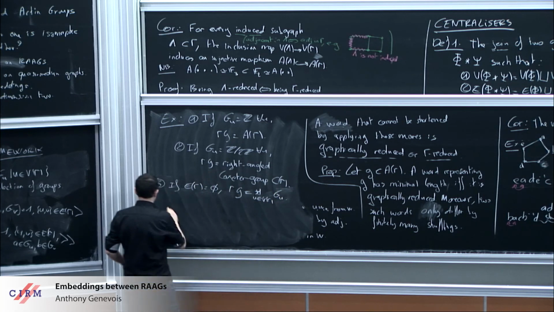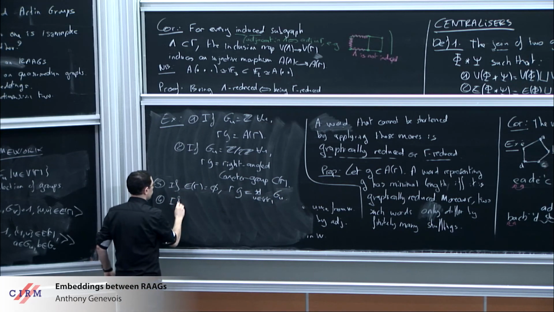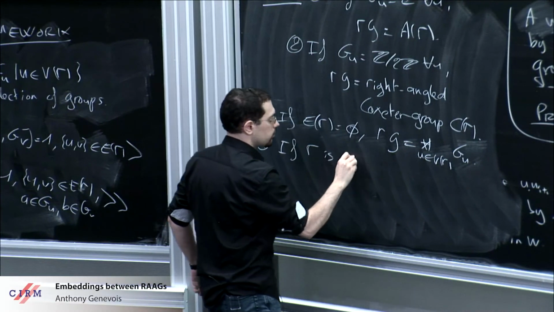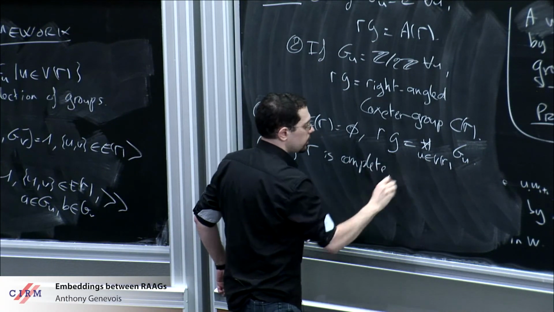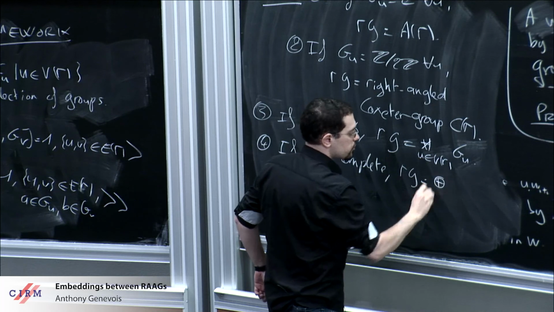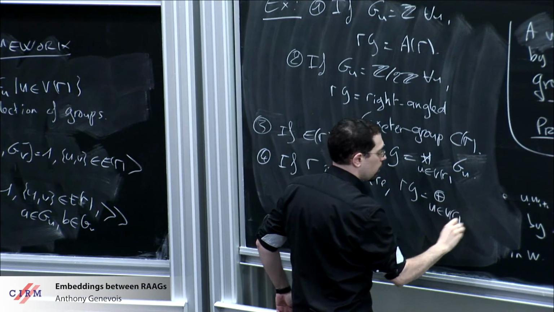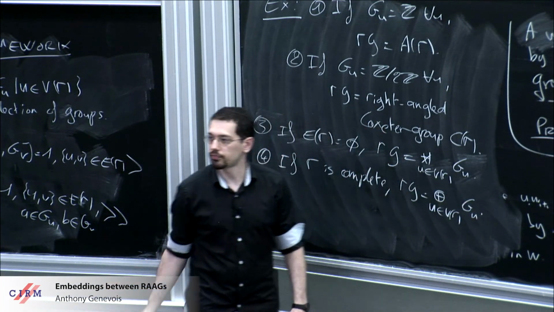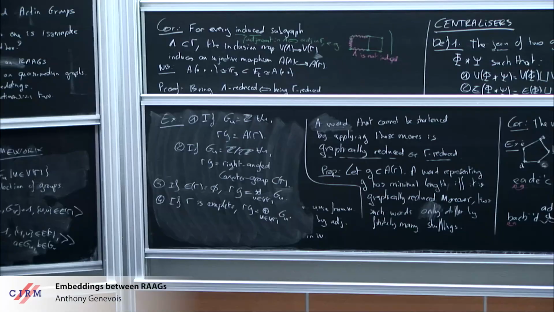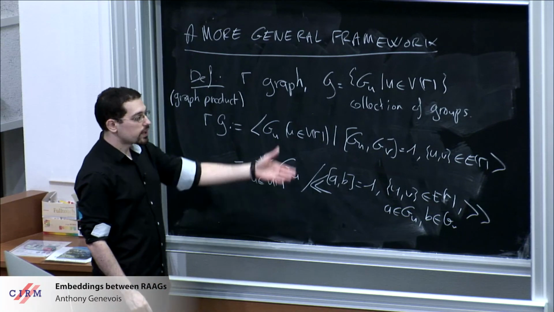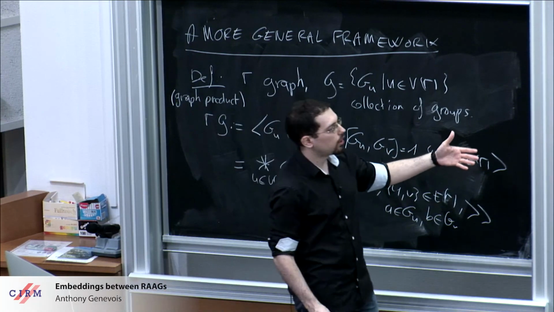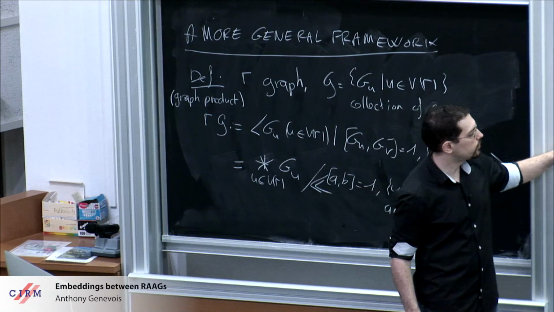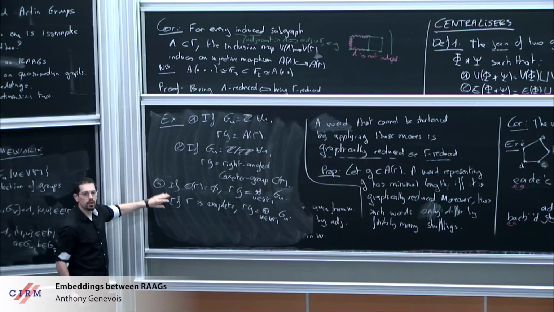And in the opposite direction, if gamma is complete, then gamma G is just the direct sum of all your groups. This is because you have commutation between any two factors. And so we can say that graph products, in some sense, define an interpolation between free products and direct products.